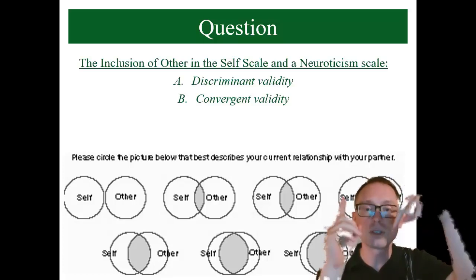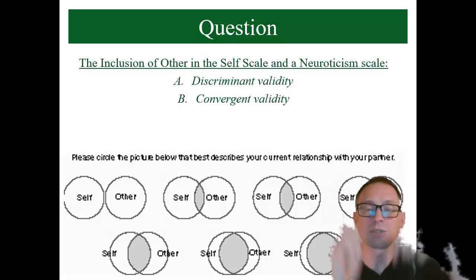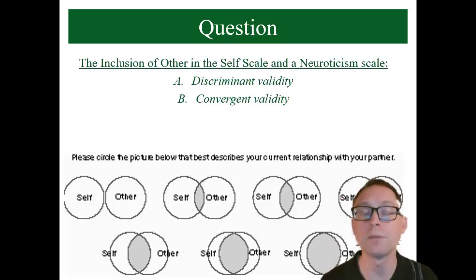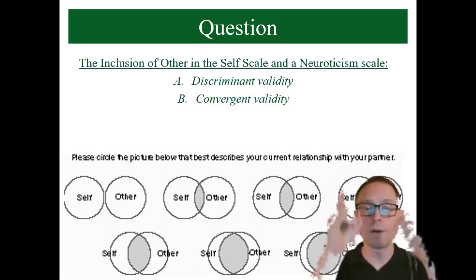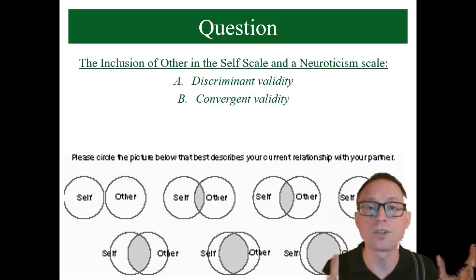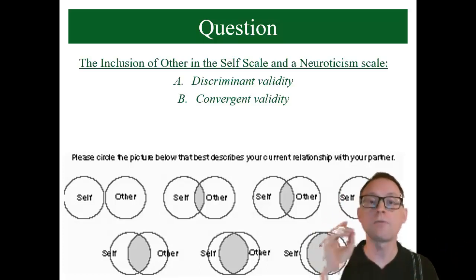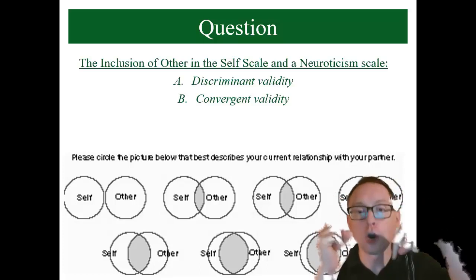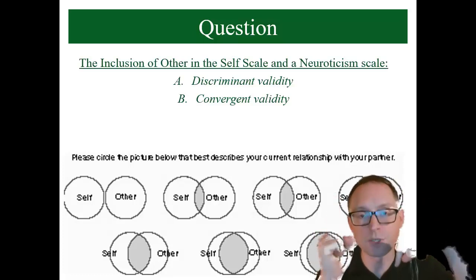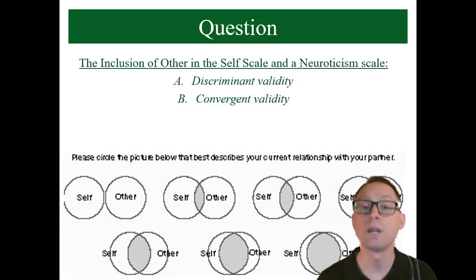Okay? The more close you are, the less neuroticism. That would be convergent validity because, you remember, I don't care if they're correlated positively or negatively as long as it's in the correct direction for it. So it would show good convergent validity if a higher score on the inclusion of the other in the self scale had lower scores on the neuroticism scale. It would show a negative correlation, but it would still be convergent validity because it's still correlated. It just happens to be in a negative direction.